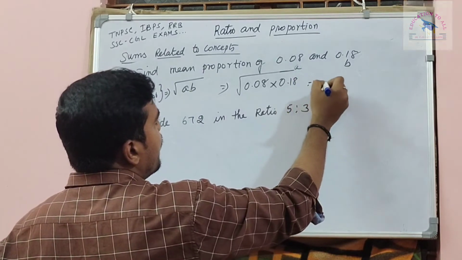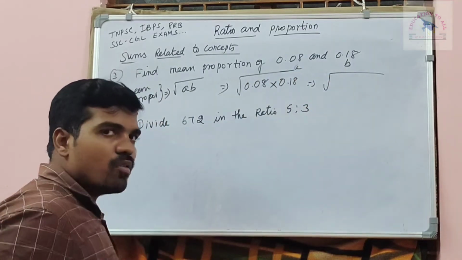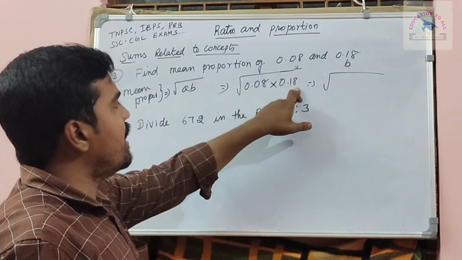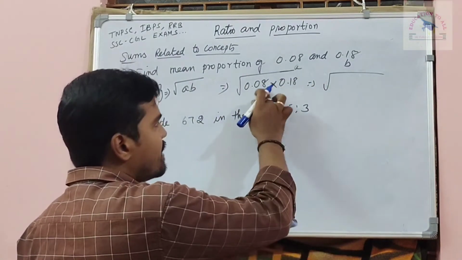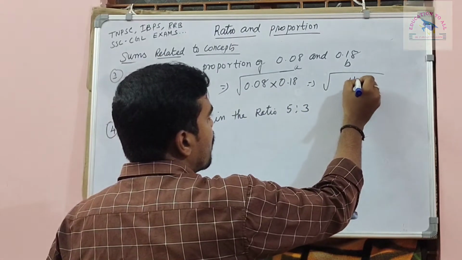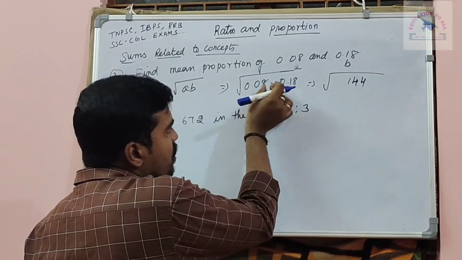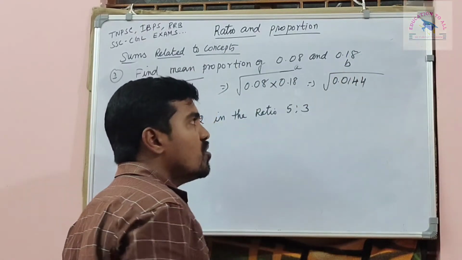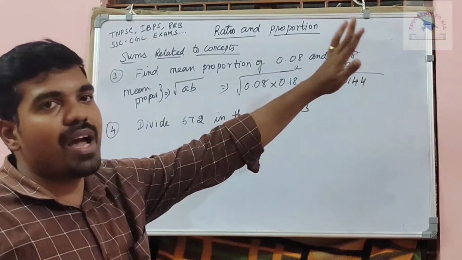So 8 into 18. You don't consider the decimal now, we can multiply directly. So 8 into 18: 8 tens are 80, 8 8s are 64, so total 144. How many decimals? 2 decimals, 2 decimals, total 4 decimals. So 0.0144 has to come.